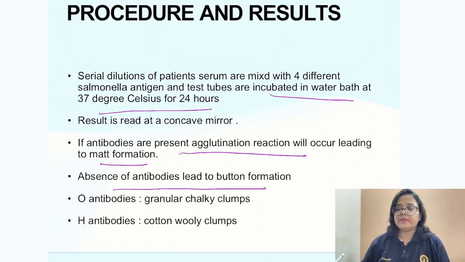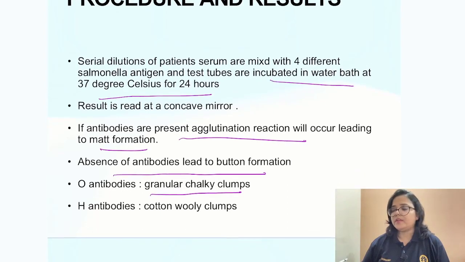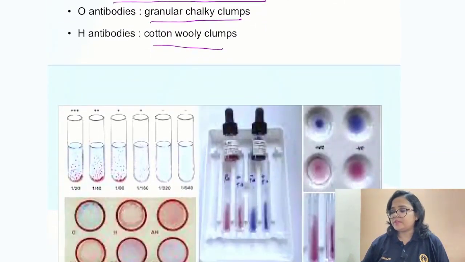And going back to our previous discussion, we know that when O antigen reacts with the O antibody, there is formation of compact granular chalky clumps, and when the H antigen reacts with the H antibody, it forms fluffy cotton woolly clumps. So here is the diagrammatic representation. This is the slide agglutination, which is again performed in some cases, and here we are performing the tube agglutination with serial dilution of serum and addition of the antigen.